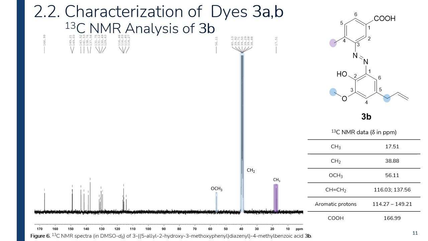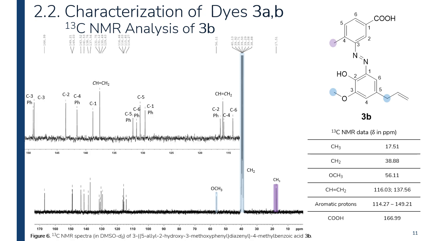Next, we observe the region where the aromatic carbons of the benzene and phenolic rings are located, as well as those from the allyl group, and also the quaternary carbons marked in red. Finally, a signal is attributed to the carboxylic acid carbon, confirming the presence of the benzoic acid unit. This overall sequence of signals confirms the expected structure of dye 3B.